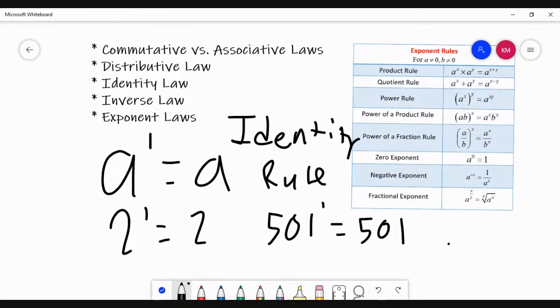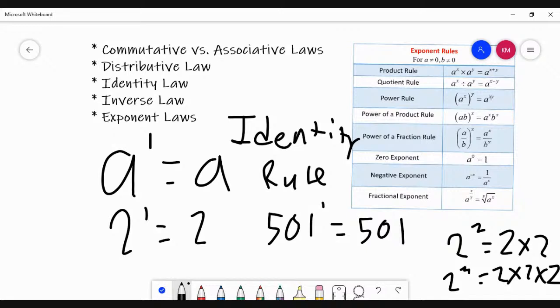Case in point, 2 to the second is 2 times 2. 2 to the third is 2 times 2 times 2. So identity rule says, well, hey, if I'm raising it to the 1 power, that means it's just 2 because it's not multiplying to anything. It's just itself.